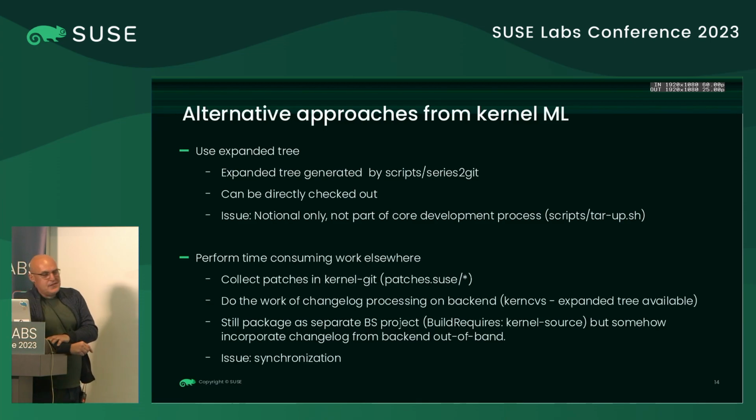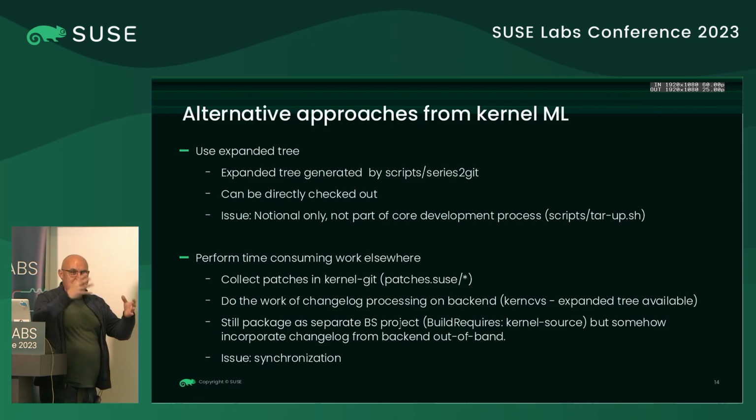So the other thing that's kind of come up from time to time is, well, why don't you put the patches into kernel git, but do the work somewhere else. Like do it in the kernel CVS backend somehow. Still package it up as a separate build service project for perf, but BuildRequire the kernel sources, but somehow this changelog will mysteriously arrive from this out-of-band process.